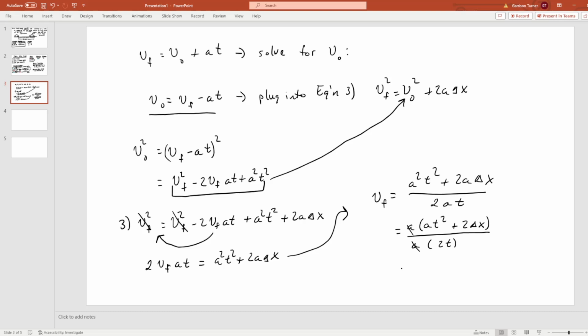And so my final algorithm, let's see. Let's look at these each individually. So this is going to be 1/2 AT plus delta x over t, right?